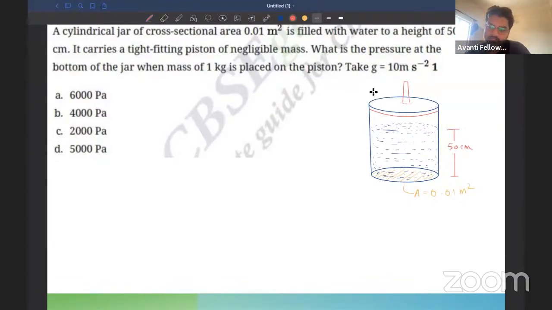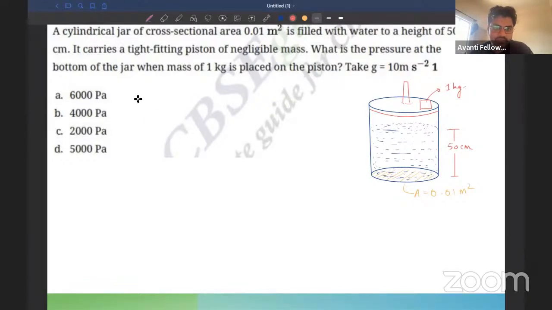When 1 kg mass is put on this piston, this is the 1 kg mass, right? What is the pressure at the bottom of the jar? Okay, so the pressure at the bottom of the jar is due to the weight of the column of water, which has a height of 50 centimeters, and the weight of the load, that is 1 kilogram. That is the total pressure at the bottom. Let's calculate that.